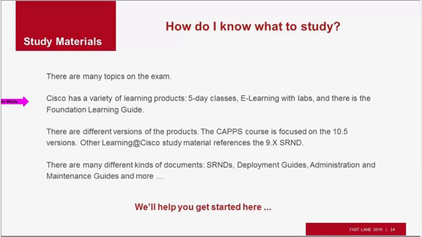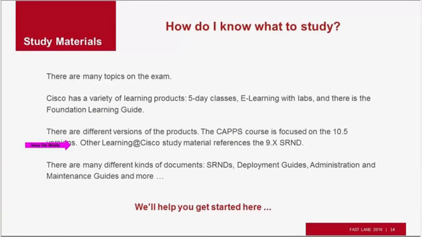There's different versions of the products. Now, the CAPPS course is focused on the 10.5 versions of these products, but other Learning at Cisco study material references the 9.x SR&D. So you could get questions on either the 9 or 10 versions of the products in these exams, but fortunately they're pretty similar.